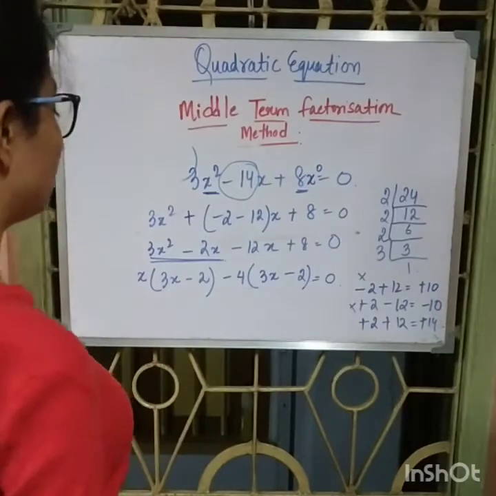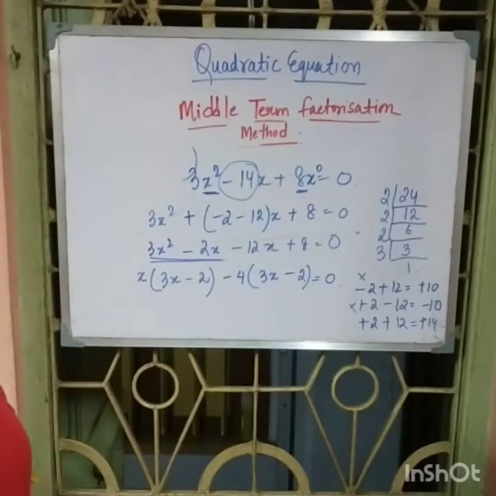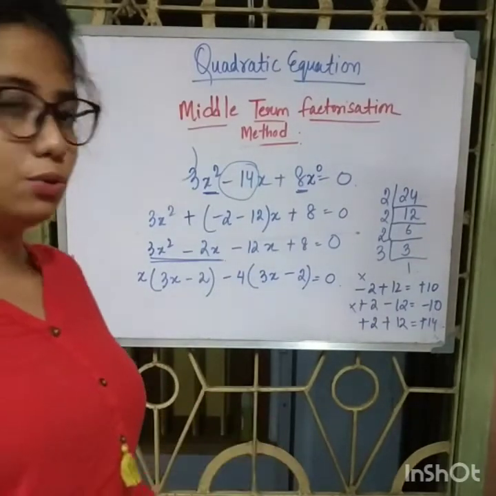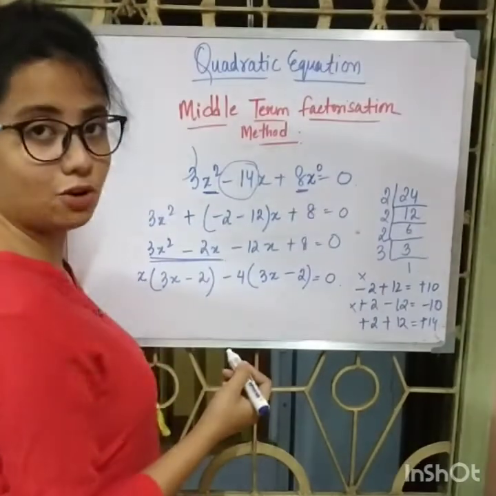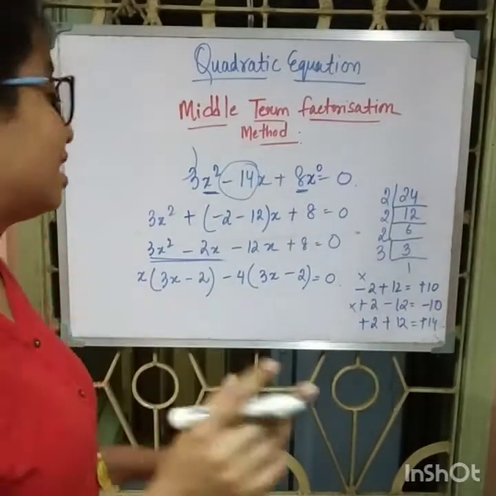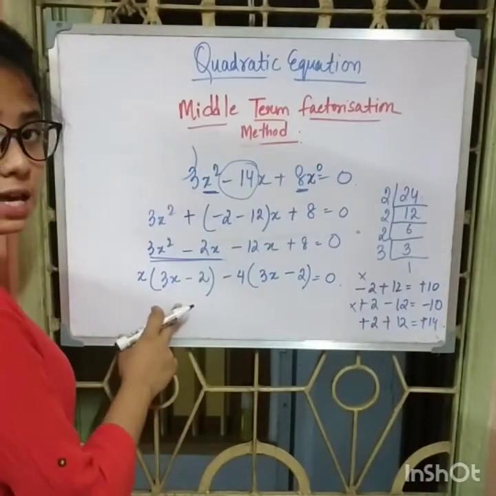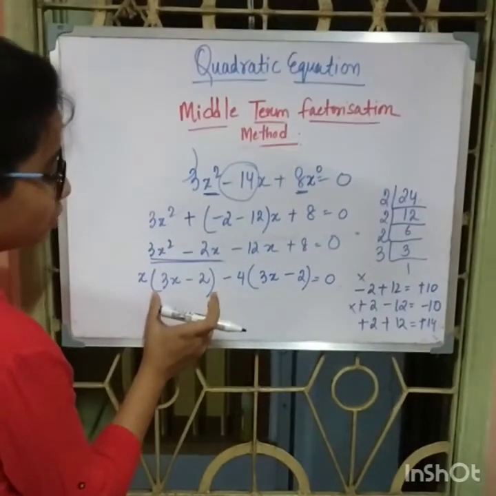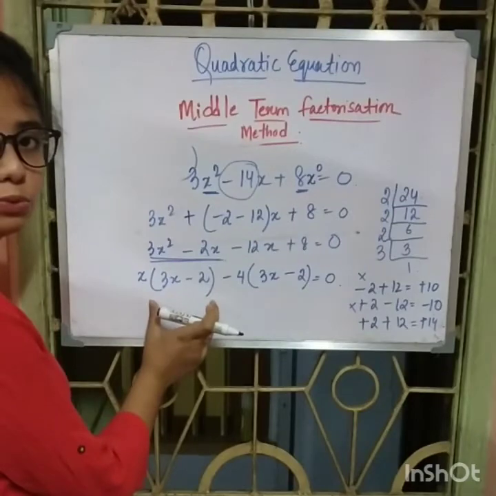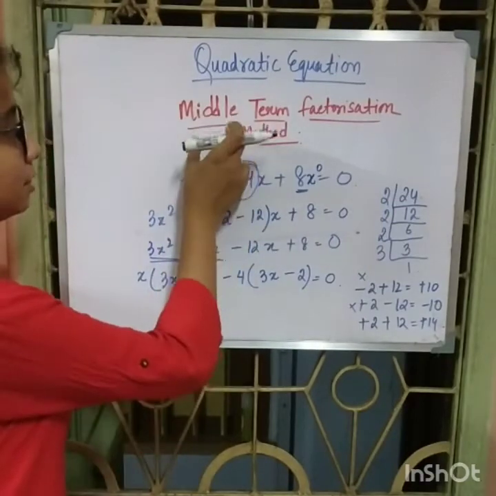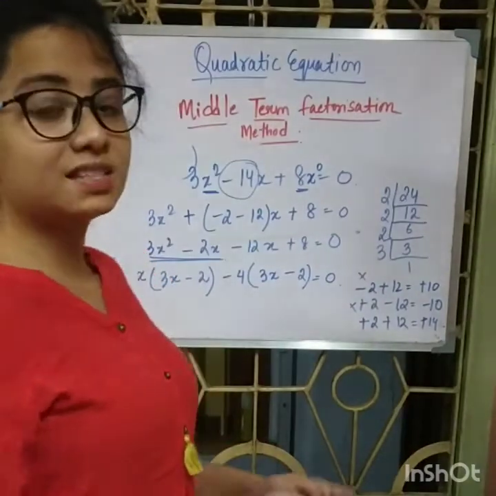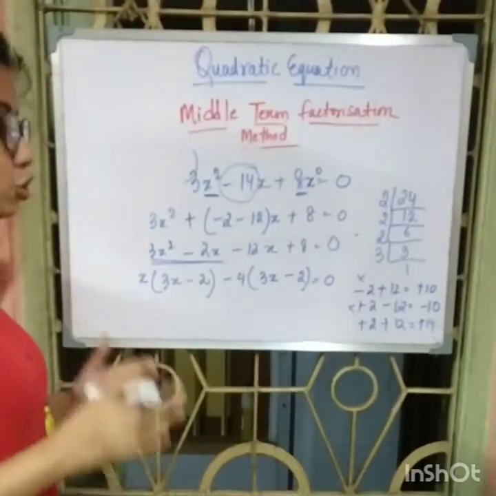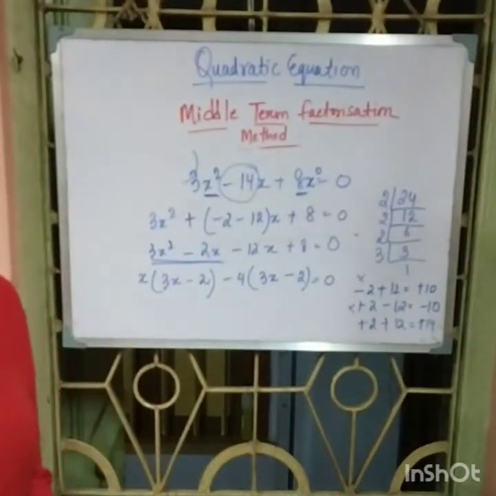Okay, so one thing, how do we get to know whether to take a plus sign common or a minus sign common? The answer lies here. See, in the first part we got 3x minus 2 and the method is the factorization method. It's clear that there should be some common factors.